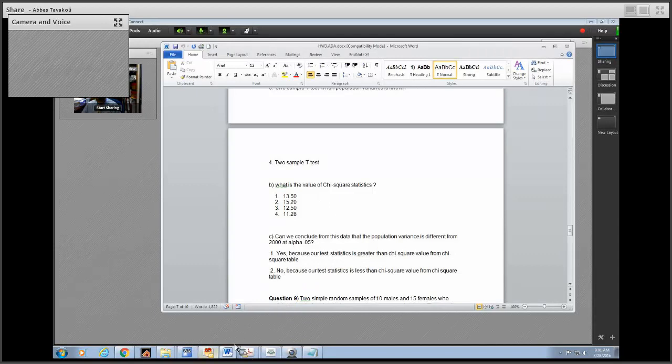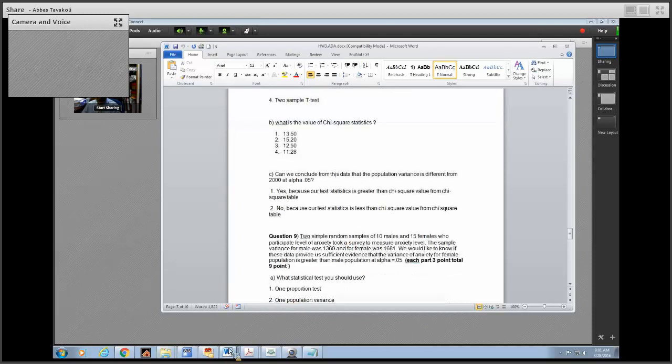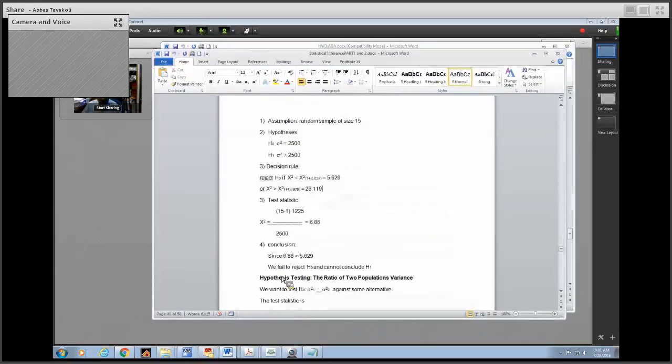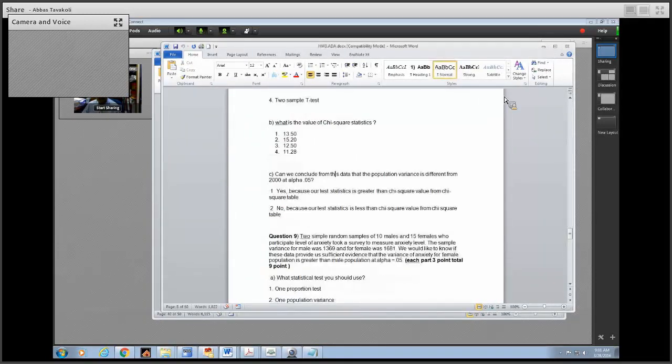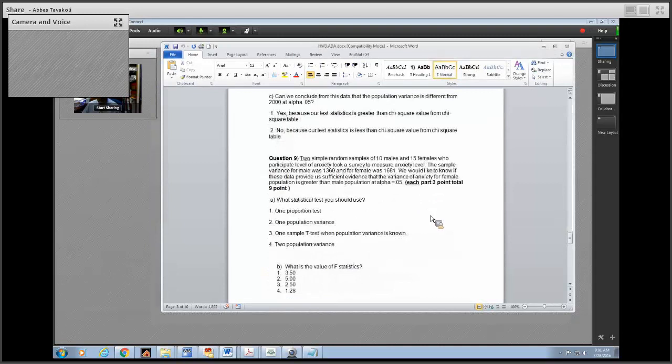So it should be less than 5.6. But for your assignment, you want to make sure if it's one-sided or two-sided. Here I ask you, it's different. So if it's two-sided, you do the same way I did it in the example. Find those two values.